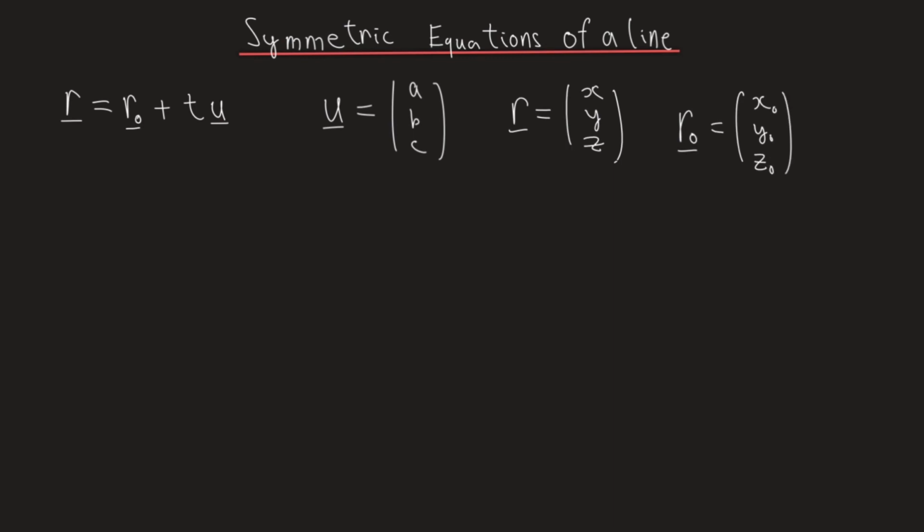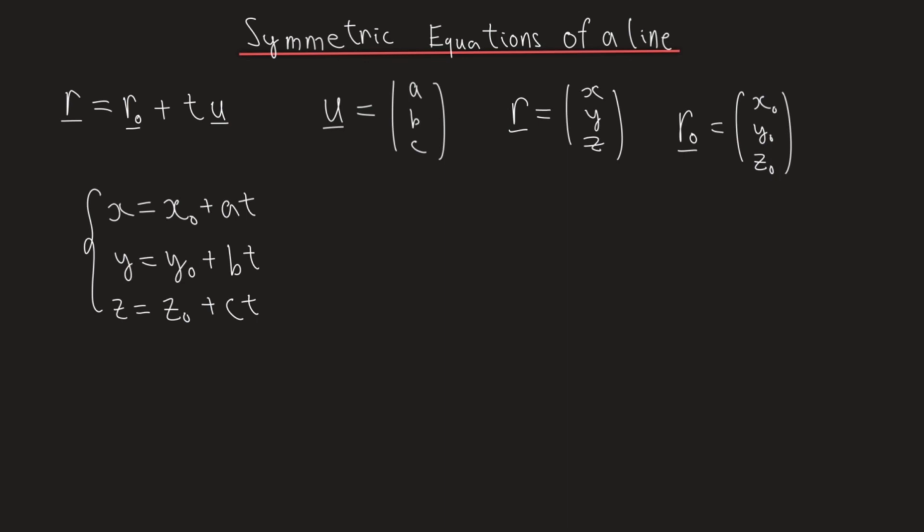So from our vector equation, we can write down a set of three equations. So we have x equals x naught plus at, y equals y naught plus bt, and z equals z naught plus ct.